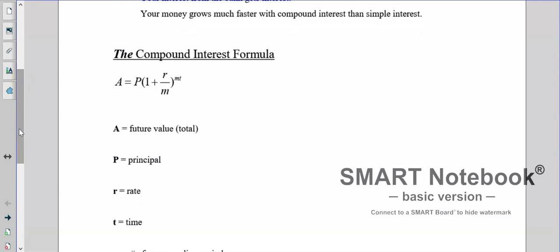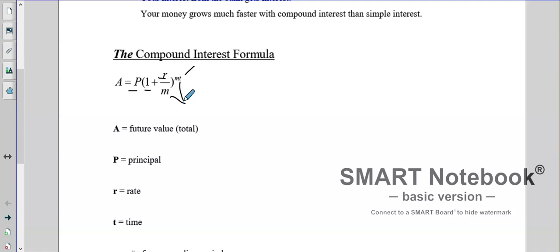We did this in the logarithm chapter in algebra 2. So you've all seen this. You can see it's pretty much the same formula. We still have our P, we have our 1 plus, there's our R, and there's our T. The only thing that's new is this M, which I don't know why they use M, because when we did it in algebra 2, we used N for the number of compounding periods.